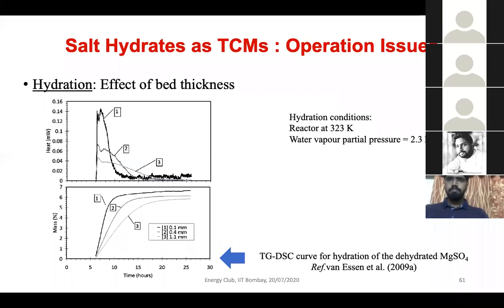Also, if you increase the thickness of the reactor, there will be an issue of heat extraction, because you are putting more salt inside that bed, and you will not be able to maintain uniform porosity over the bed. Because of this, you will not be able to extract water from individual salt molecules.